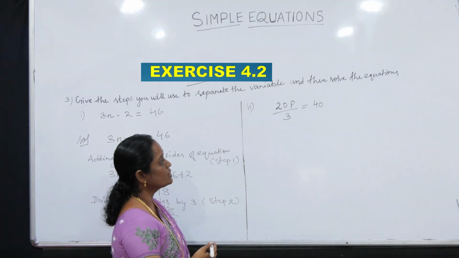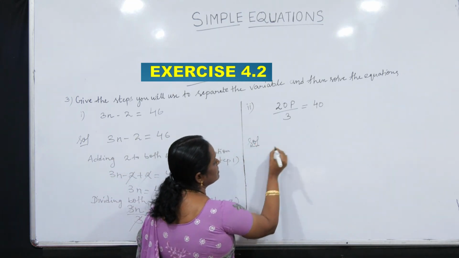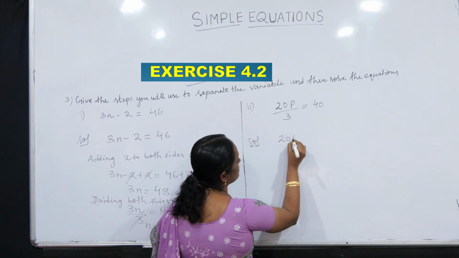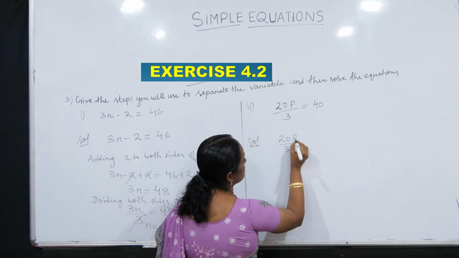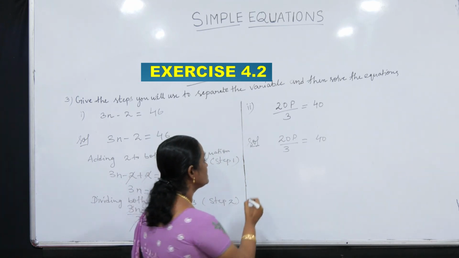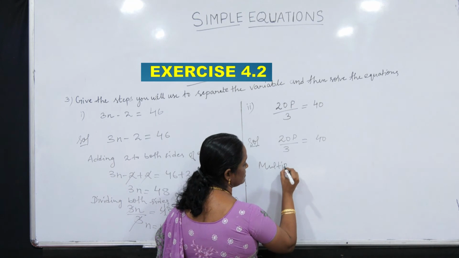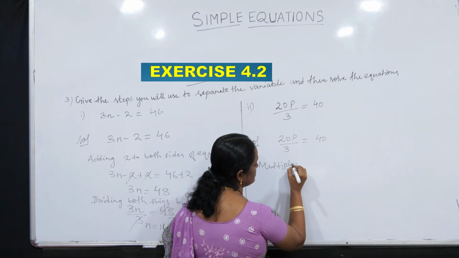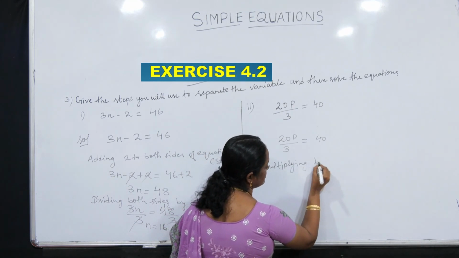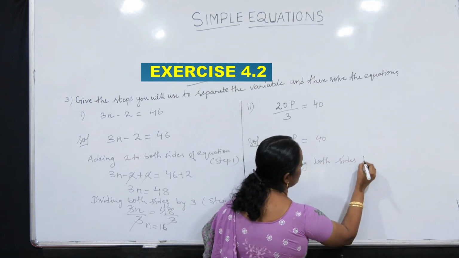Now the second question, 20p by 3 is equal to 40. Here the first step is multiplying both sides by 3.